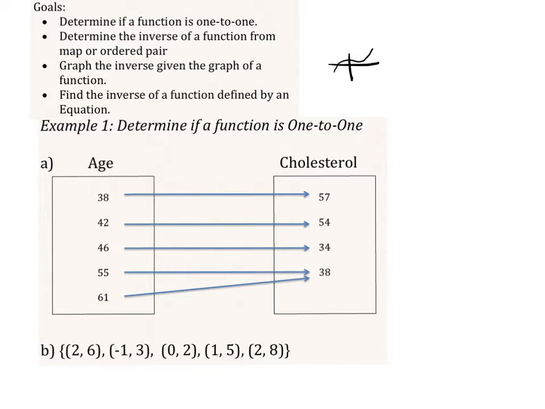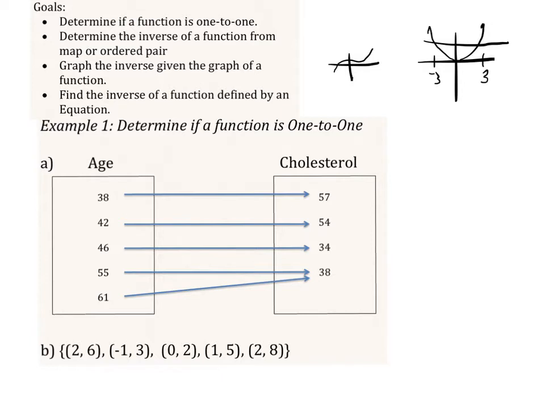So before, a function can be a function and not be one-to-one, meaning that two x values can have the same y, like in a parabola. Okay? Parabola, negative 3 and 3 are going to have the same y value. But that would not happen in a one-to-one function. So a parabola by itself is not a one-to-one function.